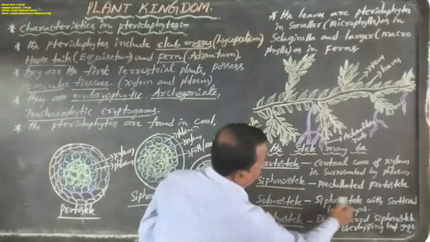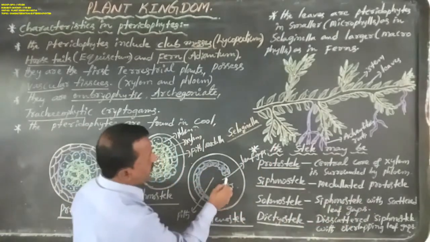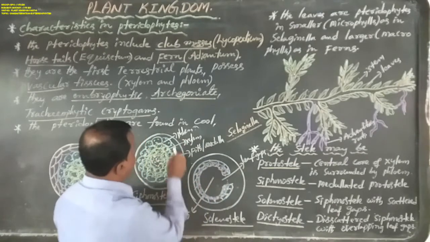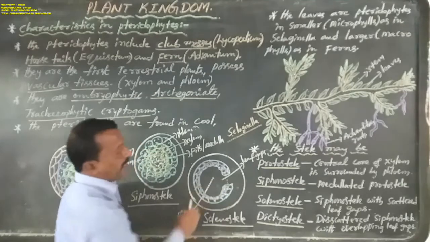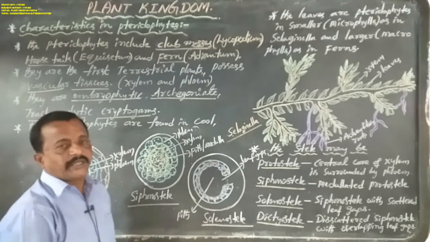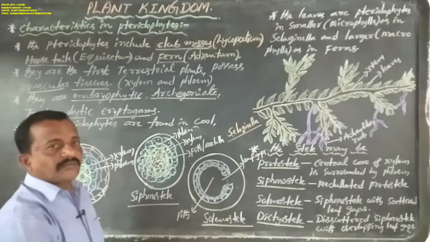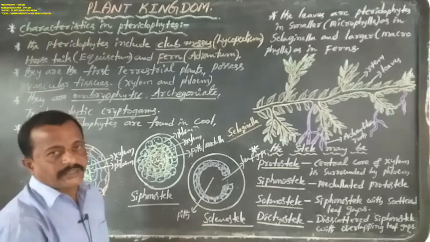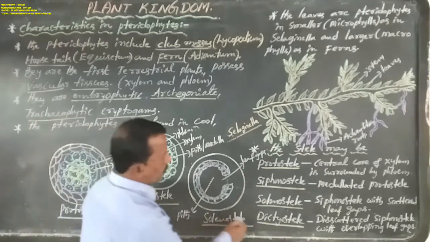That is siphonostele with scattered leaf gaps. Some space dissolves the vascular bundles. That is solenostele.